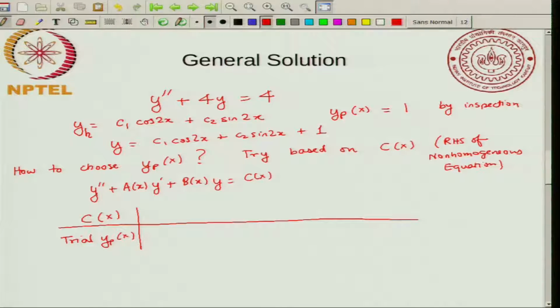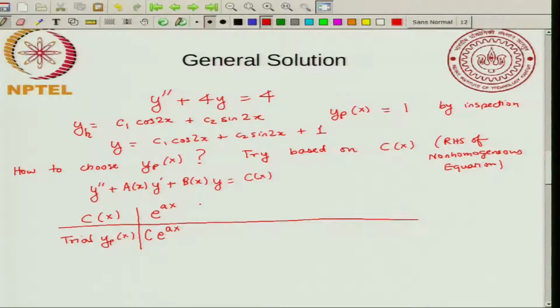So suppose my c of x looks like e to the ax, e to the some constant times x. Then my trial will also be some C e to the ax. So you just take e to the ax multiplied by some constant, that will be my trial function.